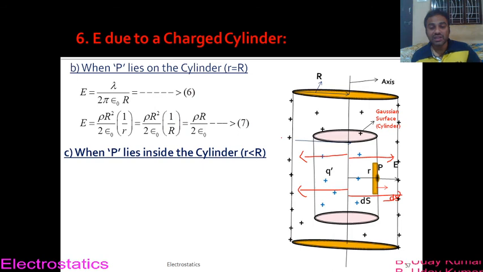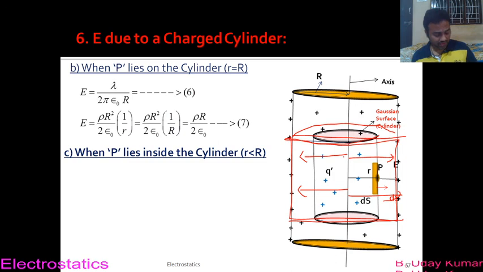Initially, when the point was outside, the total charge present on the charged cylinder was taken as Q, which was present throughout this region.